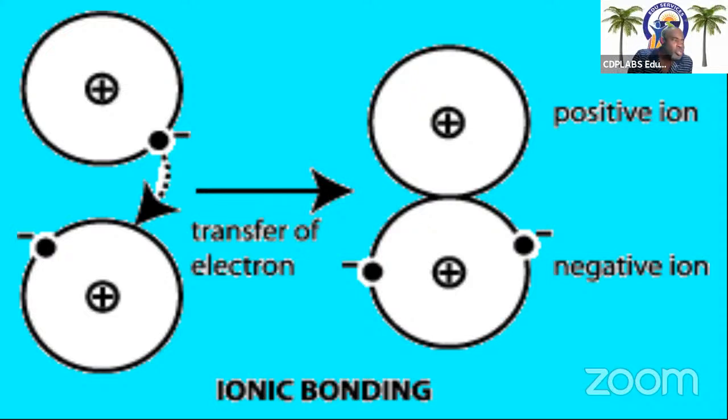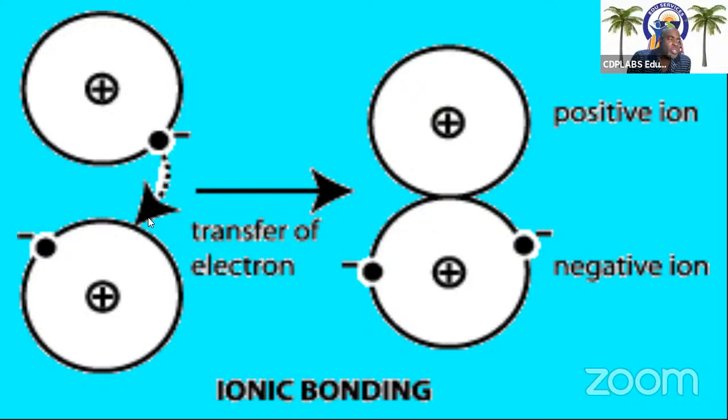Now, as this diagram shows you, this atom gives away an electron, and they call it the transfer of electrons.